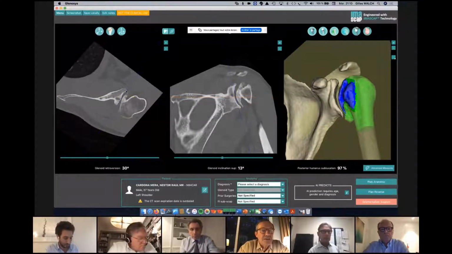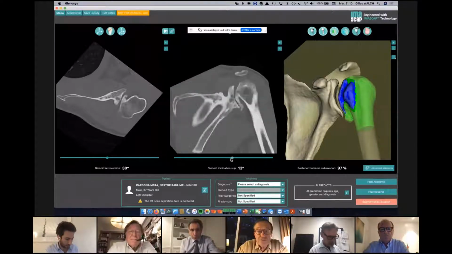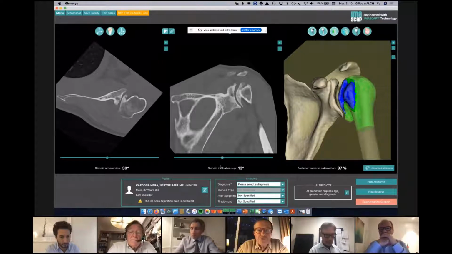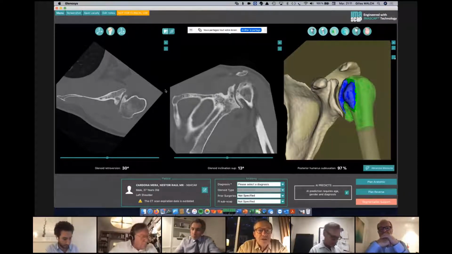You see probably sequela of the posterior fracture here. Here it's a coronal view showing a standard 2D CT scan coronal plane reformatted to be parallel to the scapular plane and showing that there is 13 degrees of superior inclination with respect to the transverse axis of the scapula, the line between the trigonum here and the center of the glenoid.